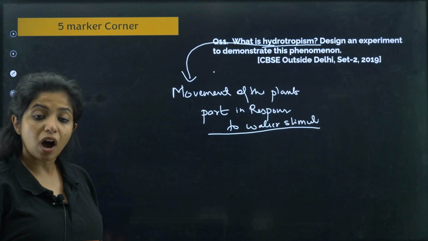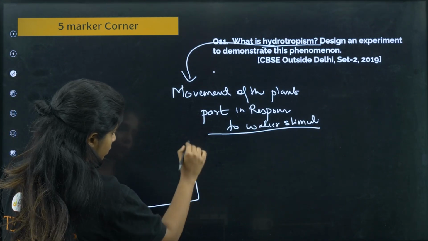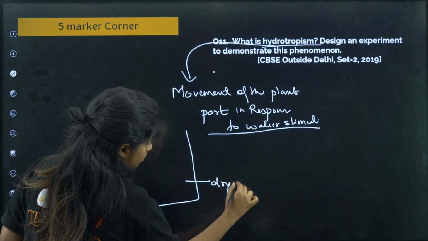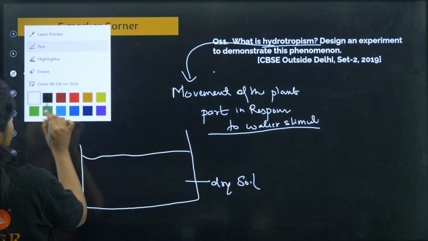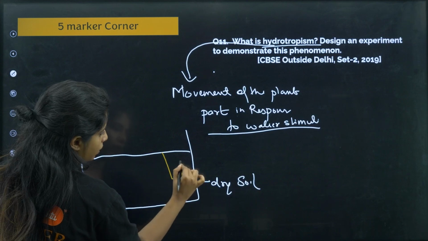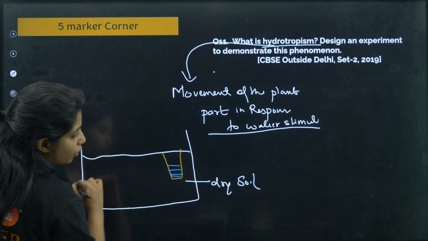Okay, so how do you demonstrate this experiment? You can demonstrate it by putting dry soil. In the dry soil, put a clay pot that contains what, children? That contains water.